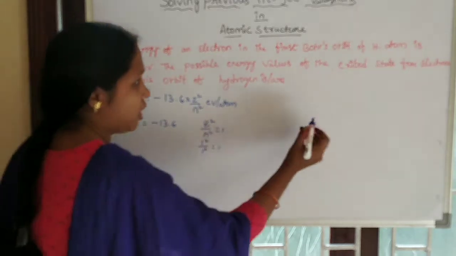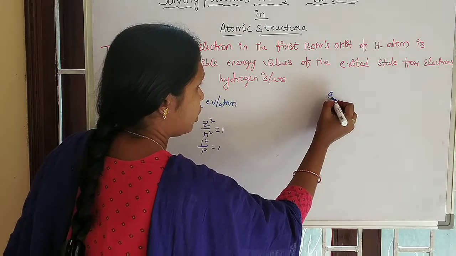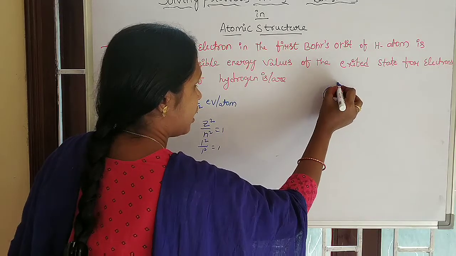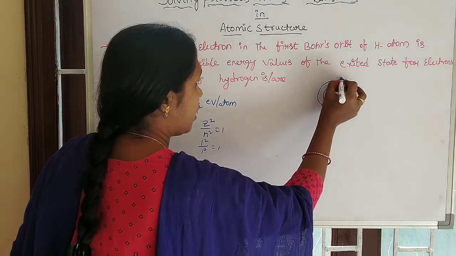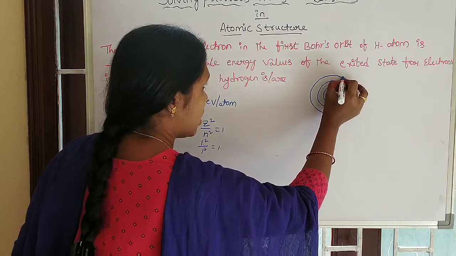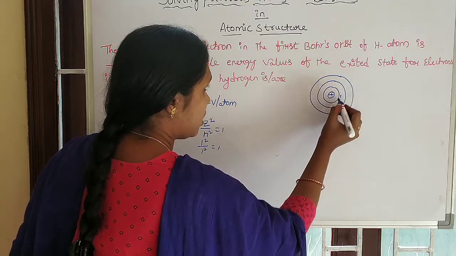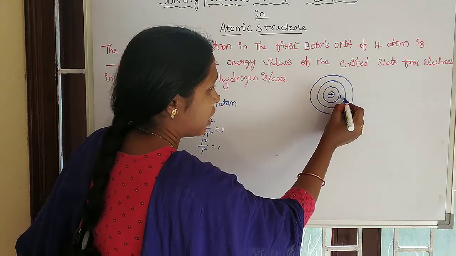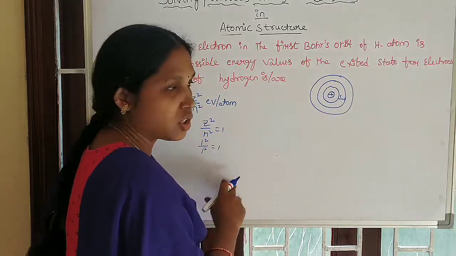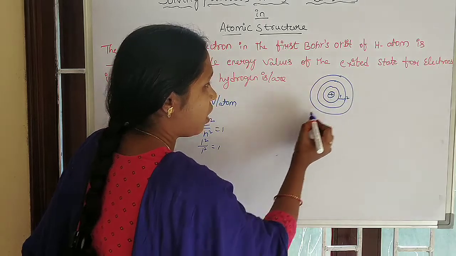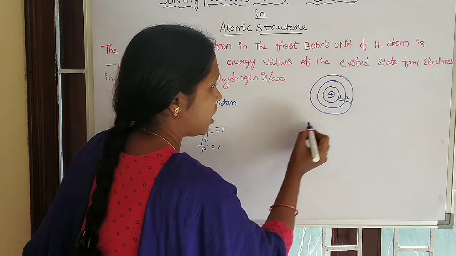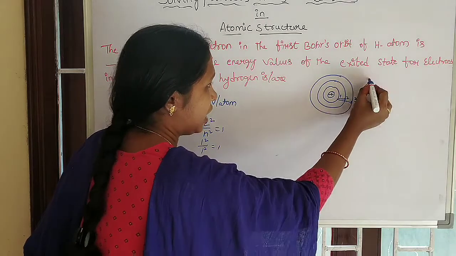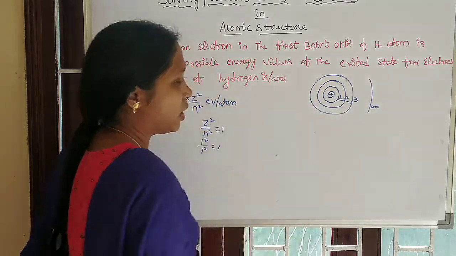Okay, so here see the nucleus, and it is surrounded by an infinite number of energy states. In that, the electron present in the first energy state can be excited from the first energy state to the second energy state, or the first energy state to the third energy state, like that up to infinity.